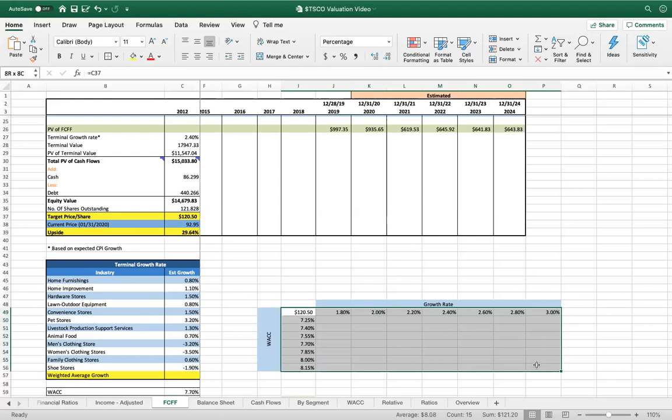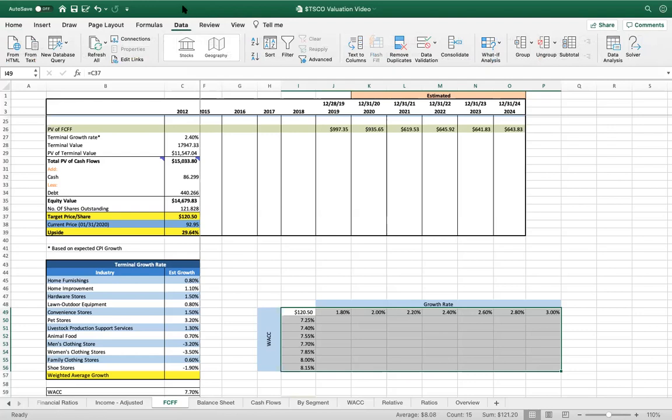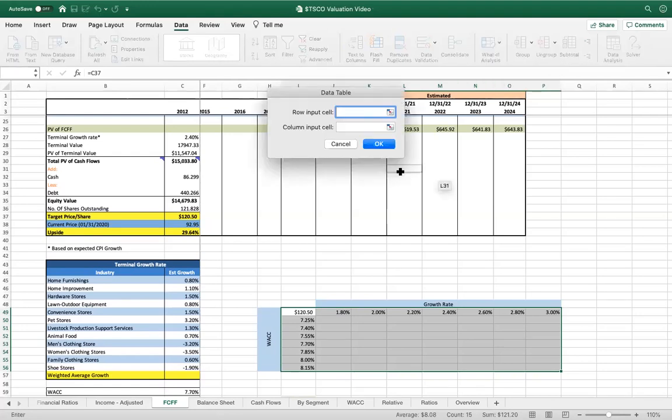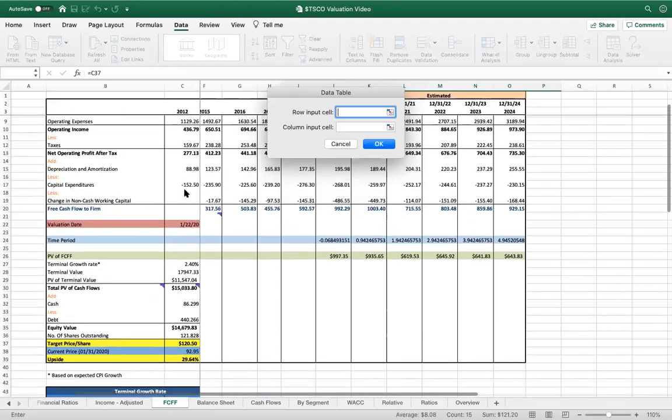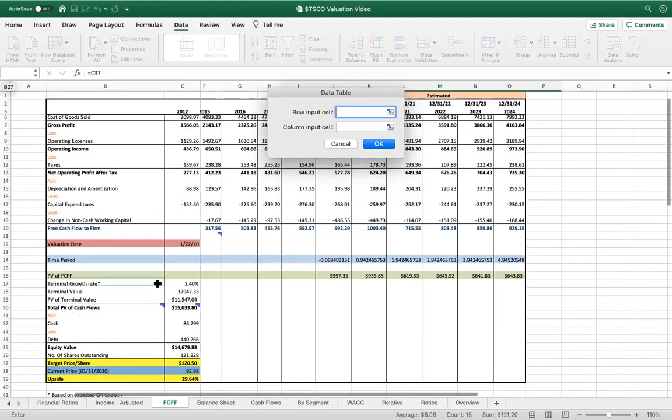Then we'll do the table function. Go to Data, What-If Analysis, Data Table. So the row input is the growth rate, here, C27.